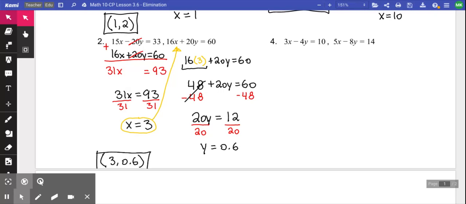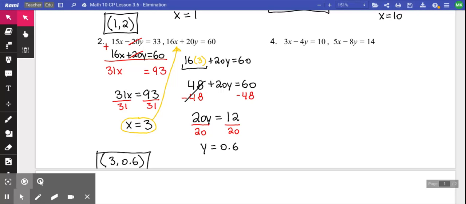If you look at your x variables, I'm never going to multiply 3 to become 5. Not by any numbers I know. So I'm not even going to try to manipulate the x's. I'm going to look at the y's, and I'm going to realize 4y could become 8y pretty easy. I multiplied this side by 2, and now my y's will match up.